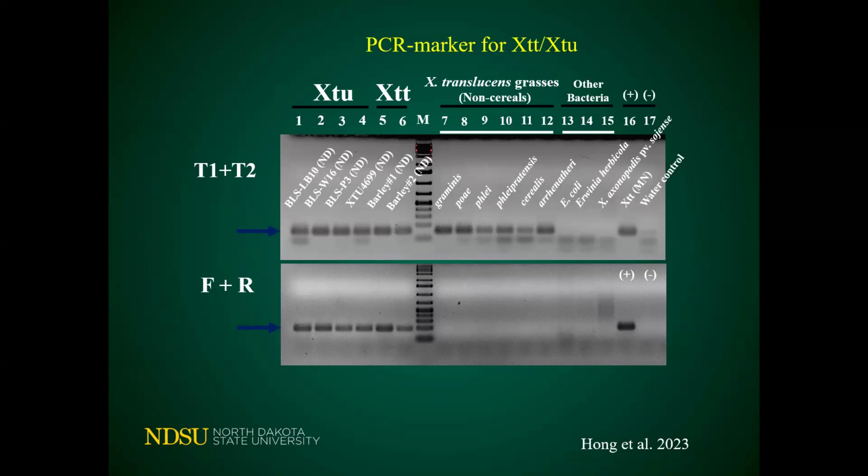You can see they detect not only XTU and XTT but also other Xanthomonas like the gramineous ones. The F and R primers look very specific to XTU and XTT.